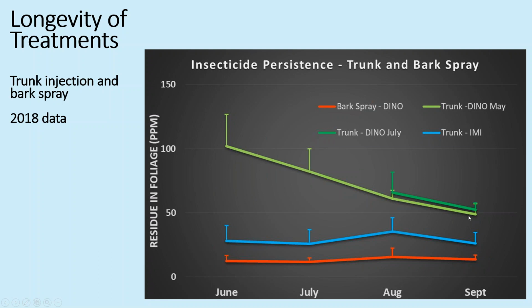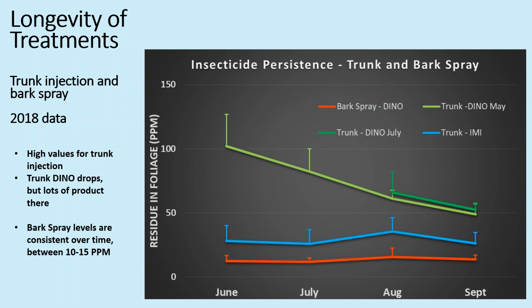And that declines over time, but there's still so much chemical in those trees. So with that method we get high levels of product in those trees. We did see, like I mentioned, that it drops over time, but there's still so much chemical in there.